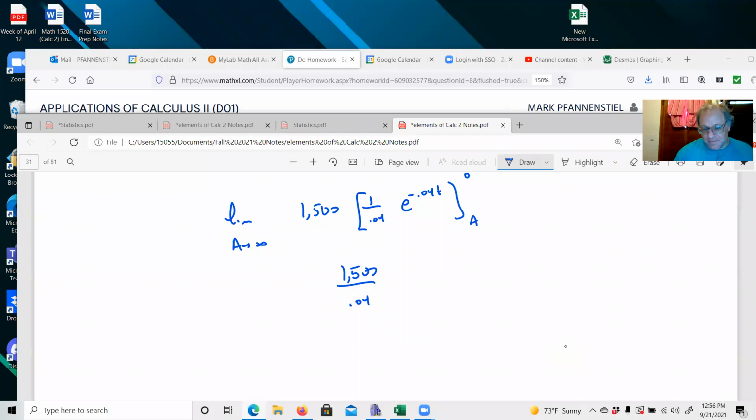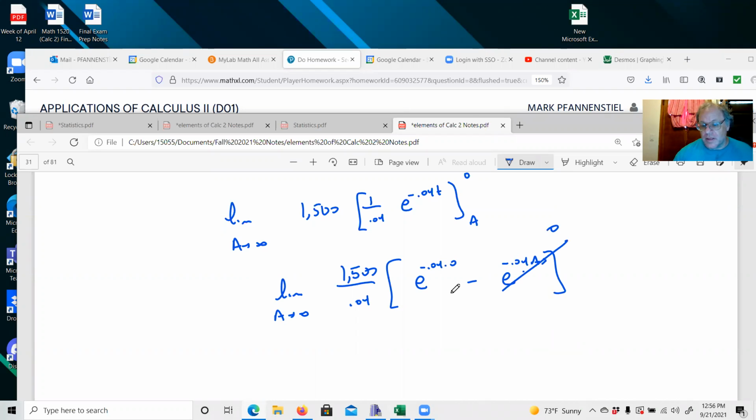And then we have e to the negative 0.04 times 0 minus e to the negative 0.04 times a, limit as a goes off to infinity. What's going to happen here? It's a small number, so it's going to happen slowly. But eventually it's going to get big enough that it's going to start dragging this whole piece down. It's going to go to 0.